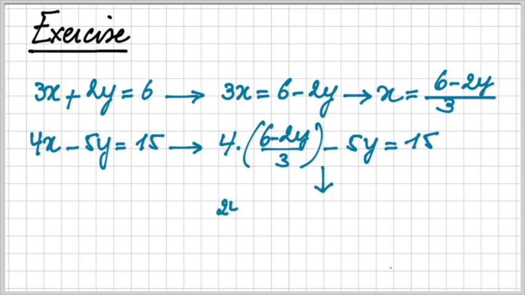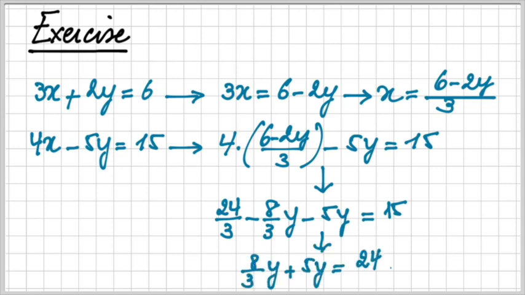Then we do the calculation. We multiply everything by 4 on the left hand side. We find 24/3 minus 8/3 times y minus 5 times y is equal to 15. I would be able to simplify 24 divided by 3, but I will not do that. It's not really important at this moment. It's better to keep it like this for the further calculations.